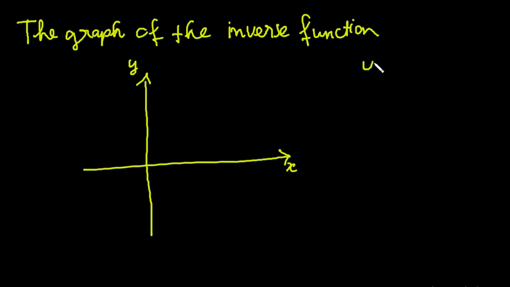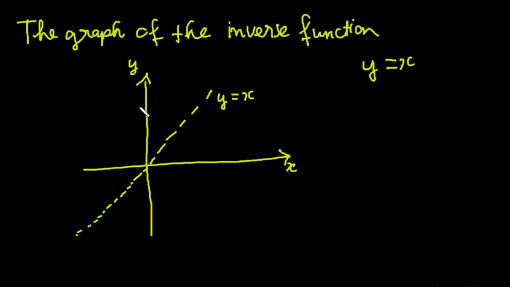First of all, we take the line y equal to x. Here's the line y equal to x. There is one rule: the graph of the inverse function will be the reflection of the original function through the line y equal to x.